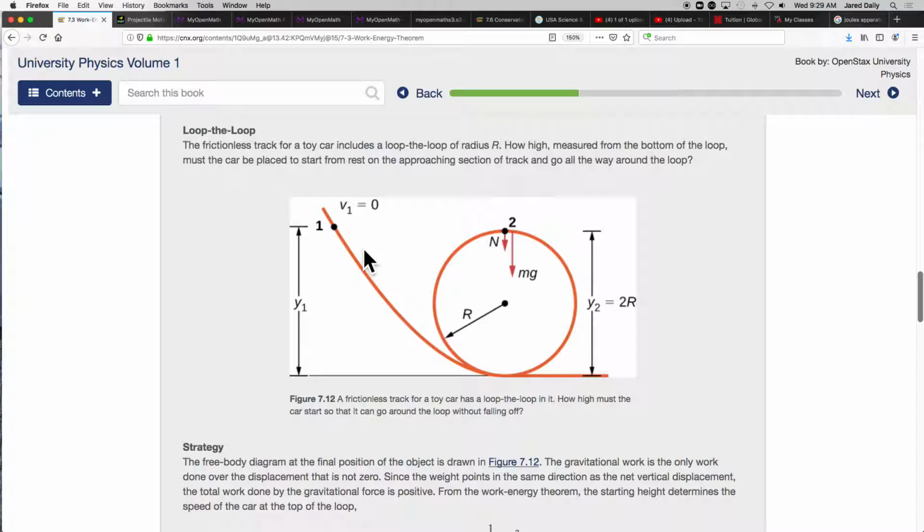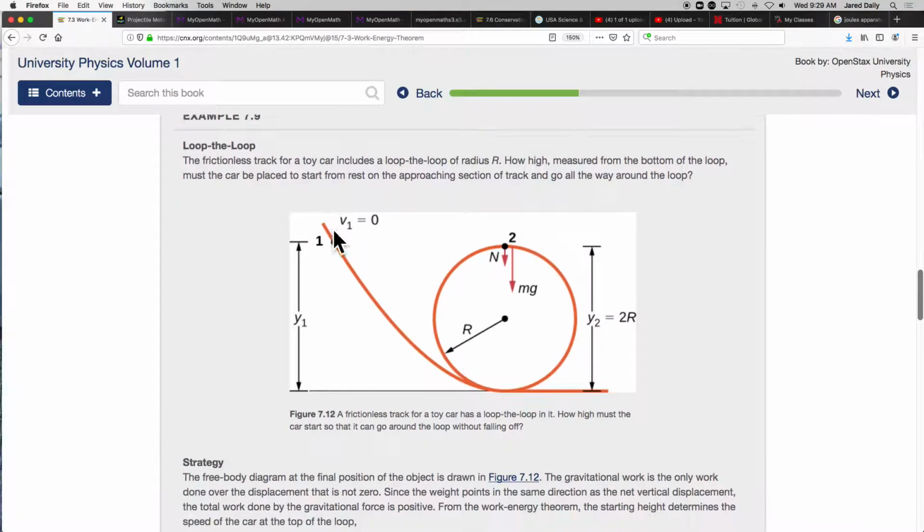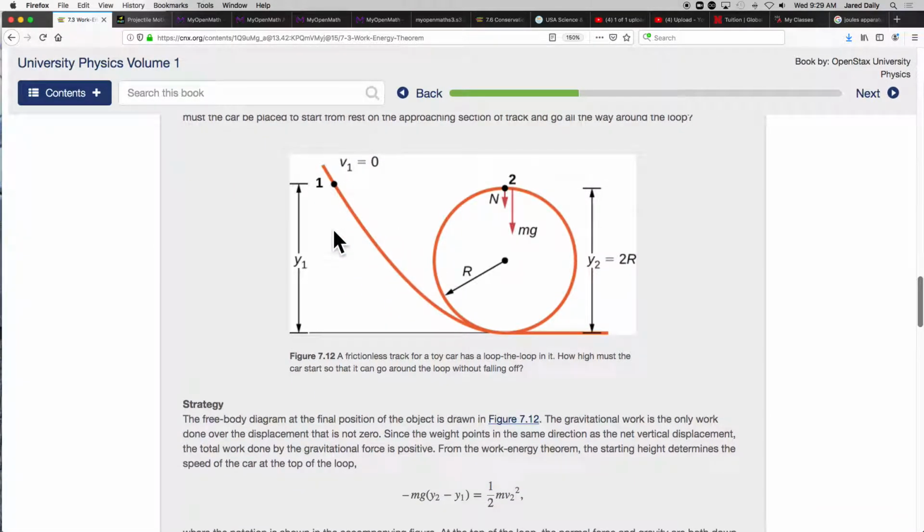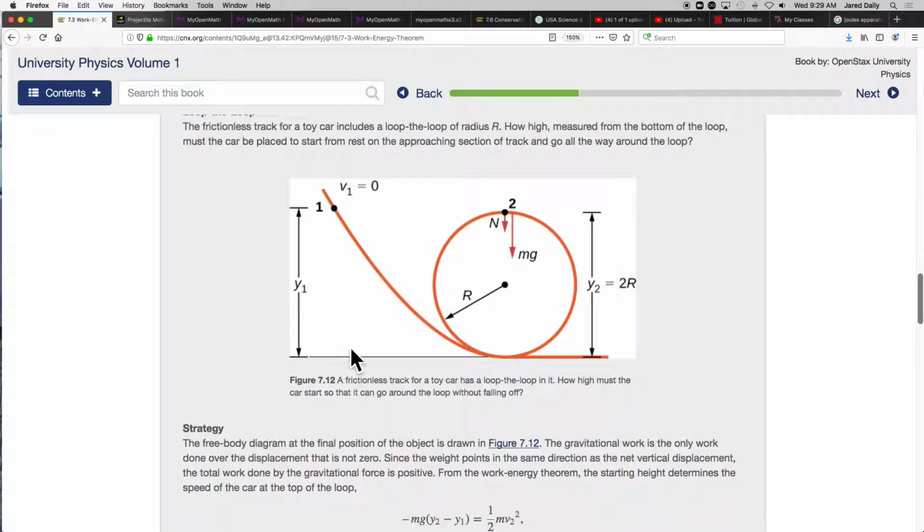That means our kinetic energy at the top there is what? Our velocity is 0. What's our kinetic energy? Also 0, right? So we know our kinetic energy right here. We also are going to assume that the bottom of the loop here is going to be our 0 point for measuring heights, if we want to calculate potential energy.